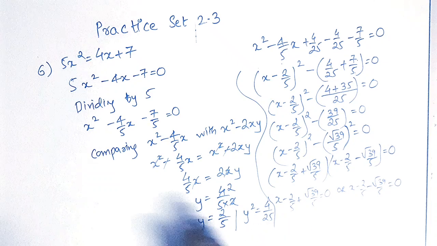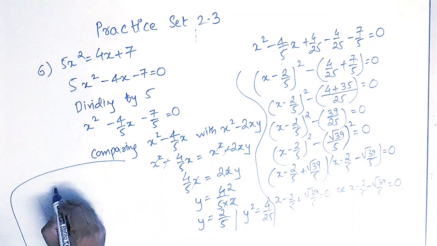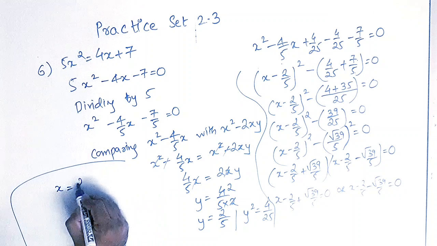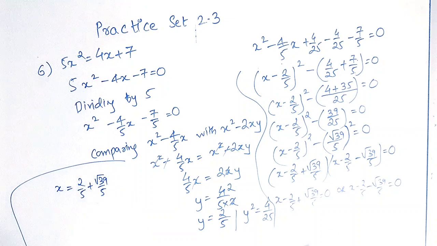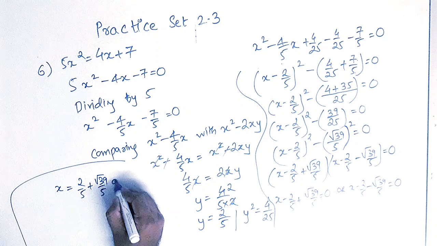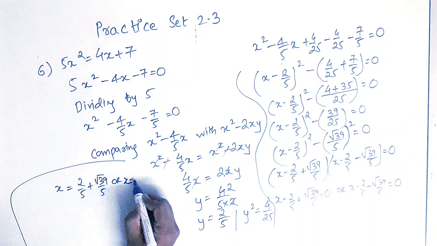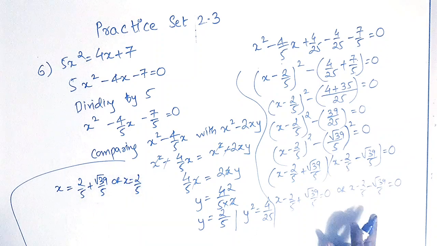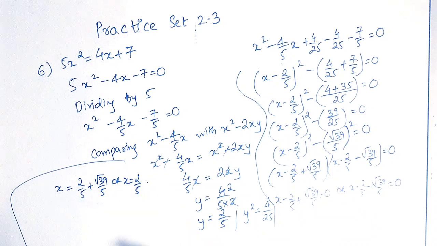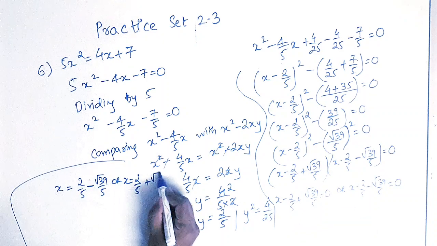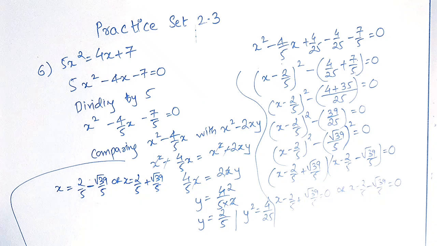Okay, so now we'll solve this. x equals to 2 upon 5 plus root 39 by 5, or x equals to 2 upon 5, this will also become minus 2 by 5, this will become minus, and this will become plus root 39 by 5.